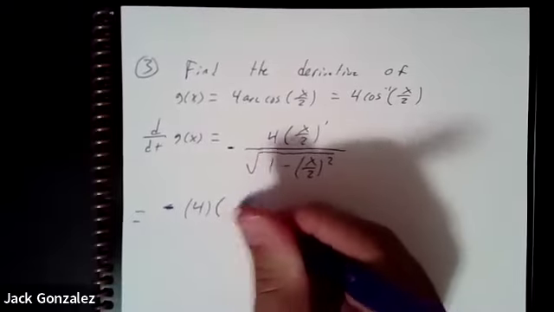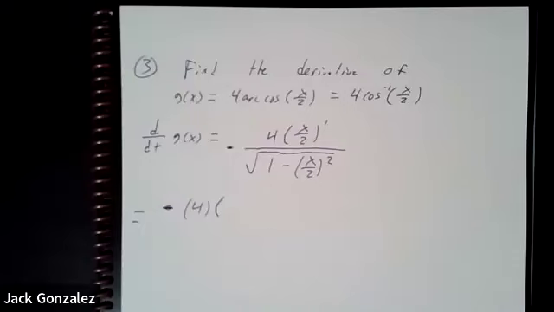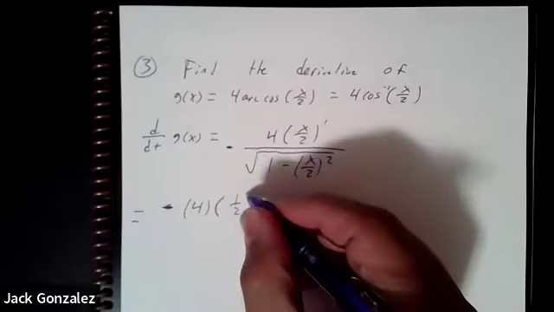Derivative of x over 2, what is that going to be? The derivative of this is just a half, isn't it?